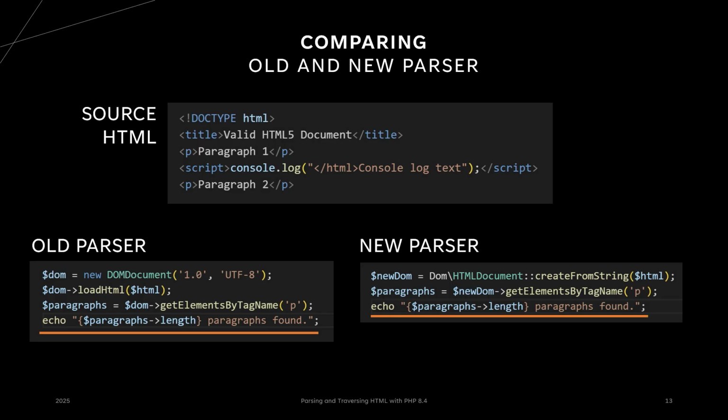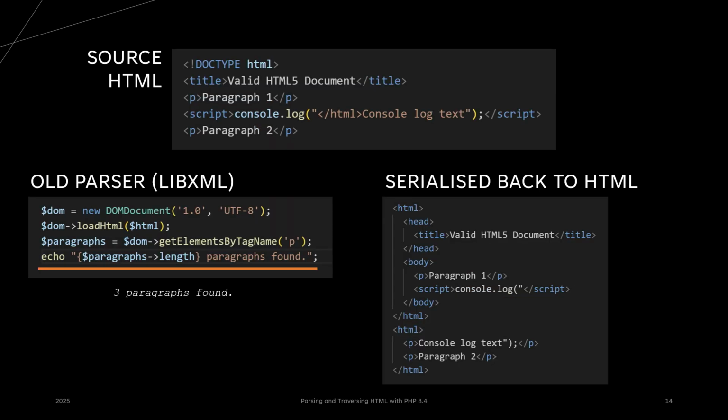A lot of people are surprised to see that with the old parser, if you run this today, even in PHP 8.4, because this will still run, it'll still use libxml for backward compatibility, it finds 3 paragraphs, and the new parser finds 2. And we're going to look a little bit at what goes on there.